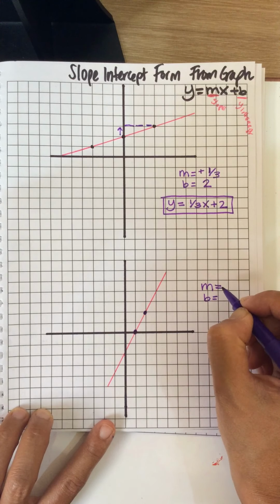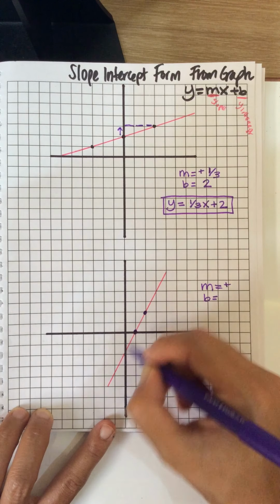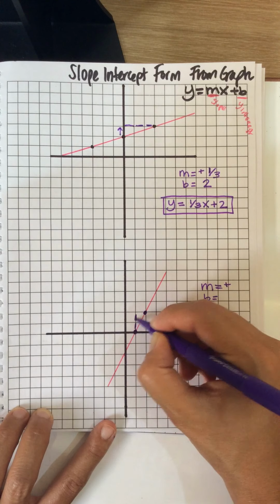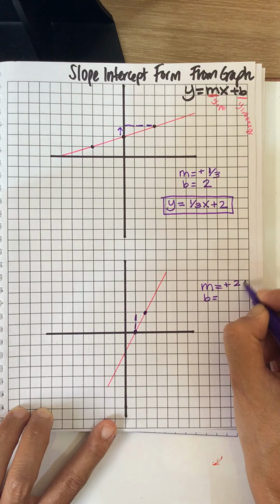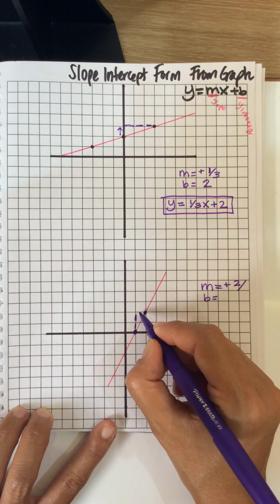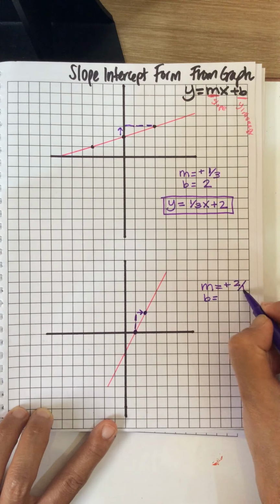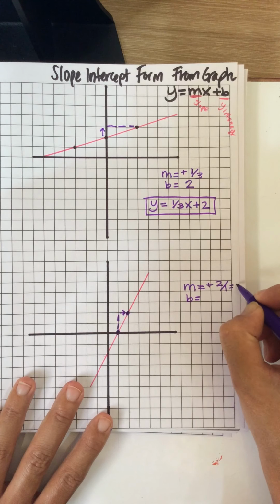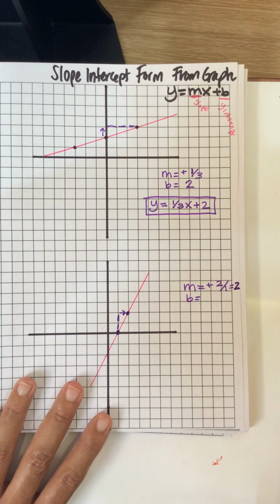So my slope is positive because the line's going up, right? Now I do my rise first, so I have to go up 1, 2 spaces. So my top number is 2, over my run is 1 space. So my slope is 2 over 1, and hopefully you can already see 2 divided by 1 is the same as writing 2. So I can just say my slope is 2.